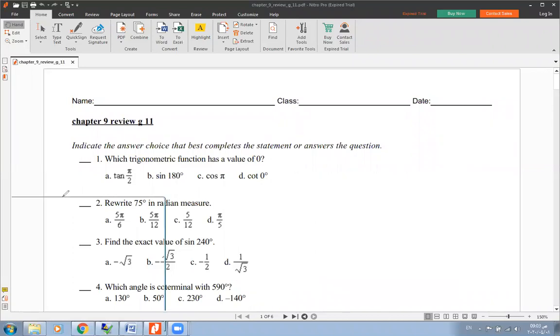D, cotan 0. Cotan 0 is the inverse of tan, so you get tan 0 and inverse it. If you make tan 0 in your calculator, you will get 0. So if you inverse it, it's undefined. So it's not the answer.